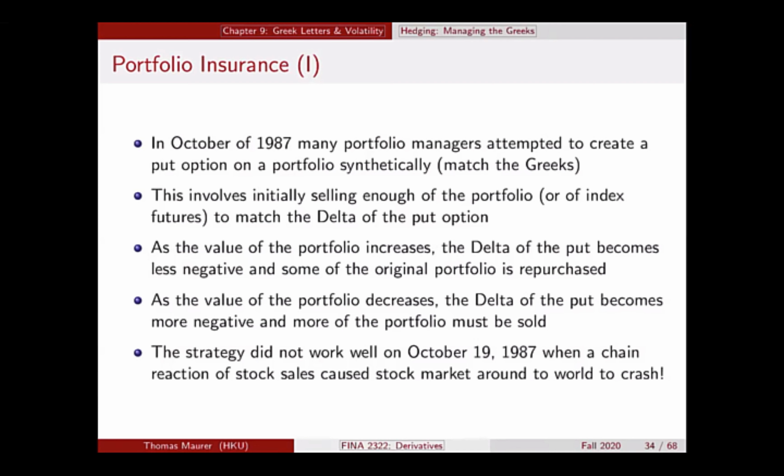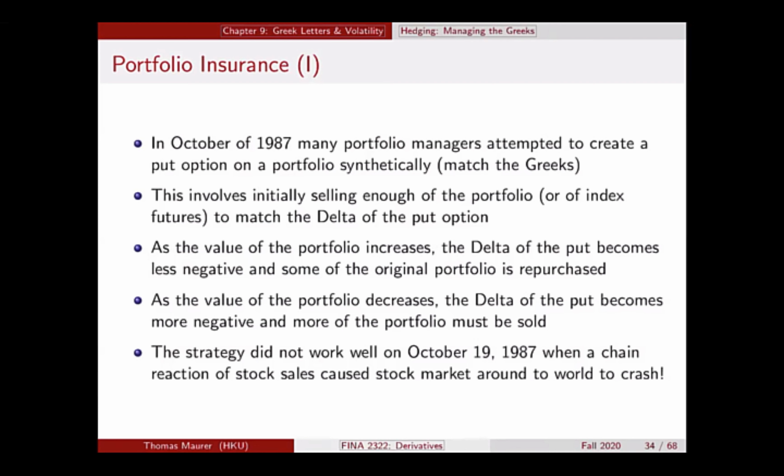What happened is in October 1987, the market started to decrease, and in turn, all these traders who were delta hedging, who were selling these put options to the portfolio managers, started to short sell more of the market to keep their delta hedge as good as possible and make sure that they don't have risk exposure.